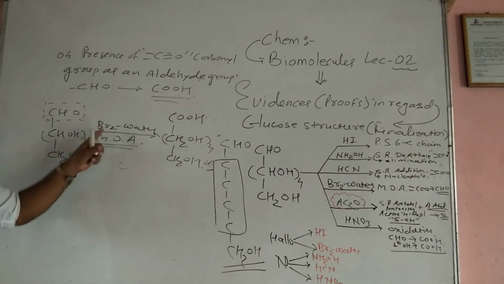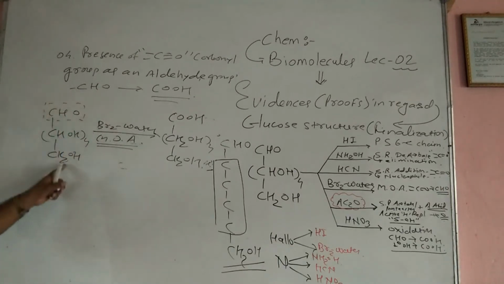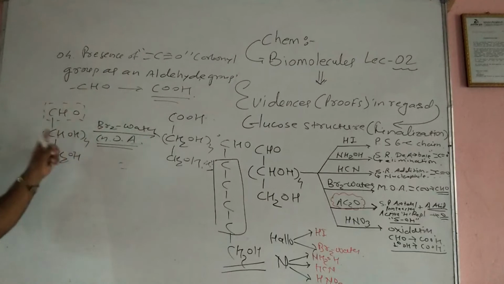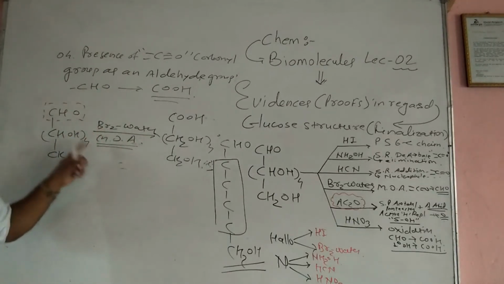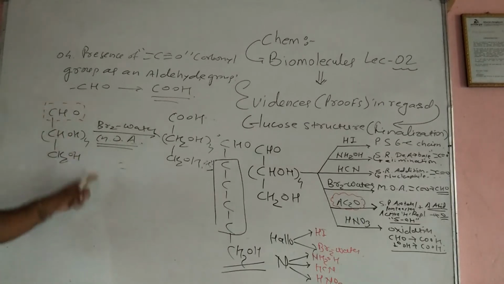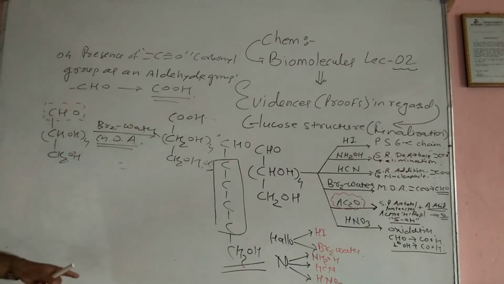So this confirms that the carbonyl group present in glucose must be the aldehyde group. This is the proof from this mild oxidizing agent regarding the structure of glucose: glucose has an aldehyde group at one terminus. So this is the next proof, the next confirmation.